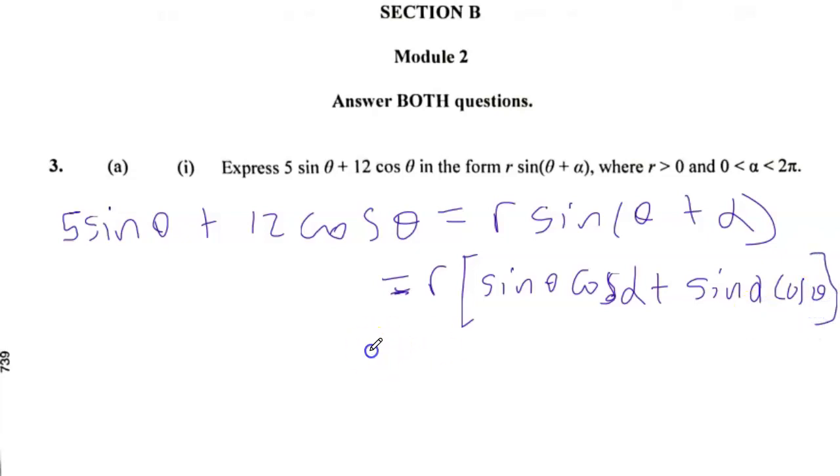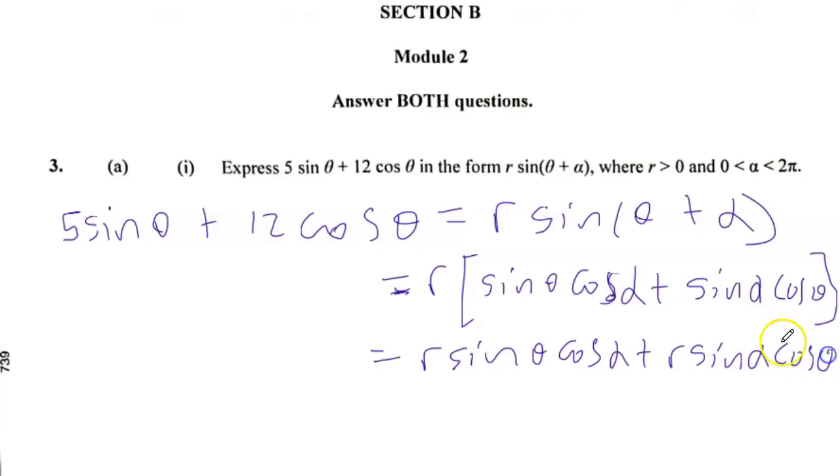And of course we can distribute the r. So we have r sine theta cos alpha plus r sine alpha cos theta.